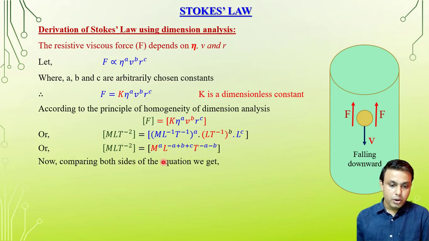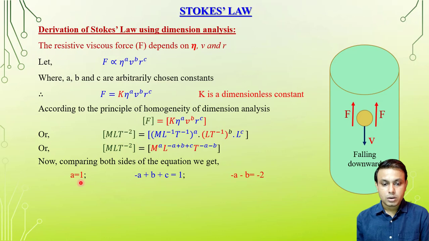Now, comparing the dimension of both sides, we may write that a equal to 1. Why? Here the power of M is 1, and here the power of M is a. So a equal to 1. Similarly, minus a plus b plus c is equal to 1, and minus a minus b equal to minus 2.